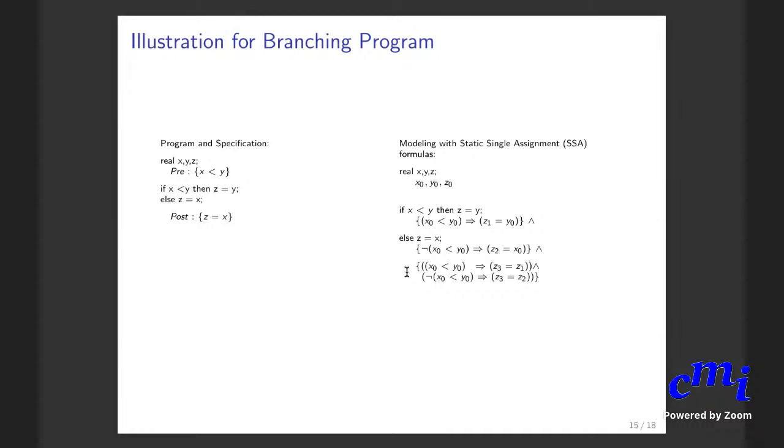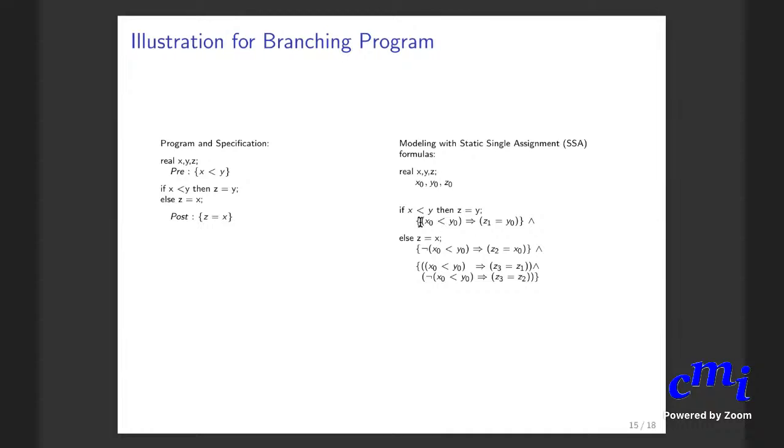I'm trying to define the value of Z3 after I execute the if then else statement. What would that be? It would be the same as Z1 if x naught was less than y naught. It would be the same as Z2 if the negation was true. That's all that is saying. Yeah, sir. It's clear now.